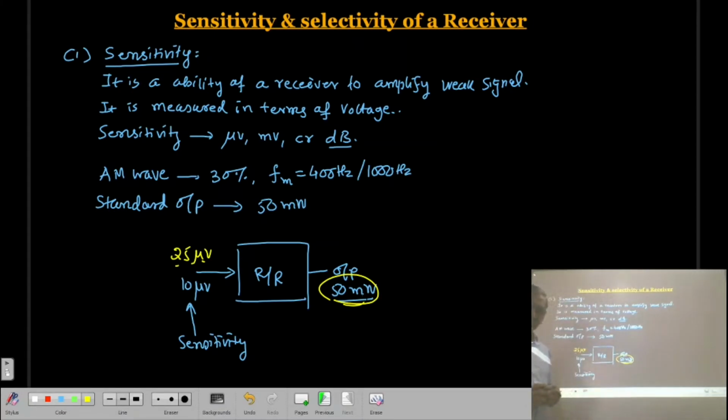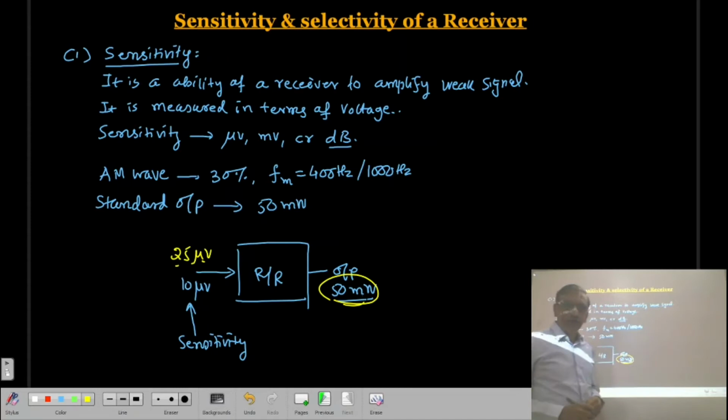It is able to produce the standard output of 50 milliwatt even with a very weak signal. So the radio receiver which has a small value of sensitivity is better. This 10 microvolt radio receiver is better than the 25 microvolt radio receiver.